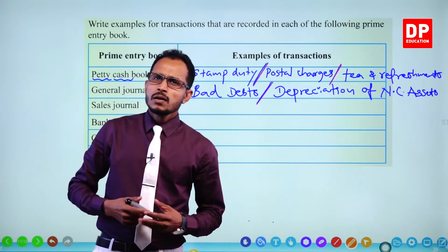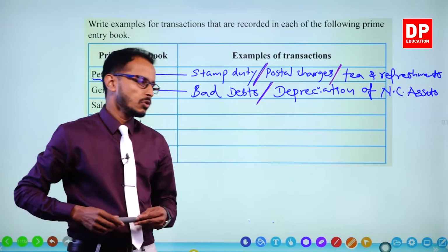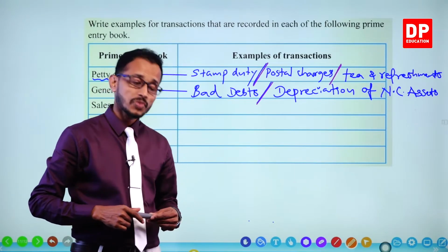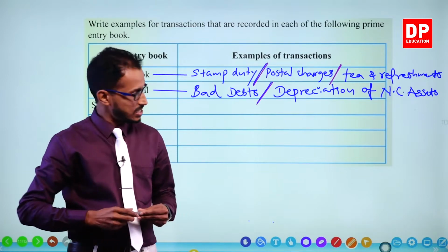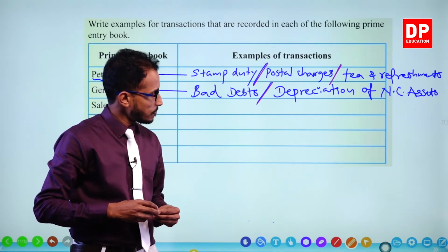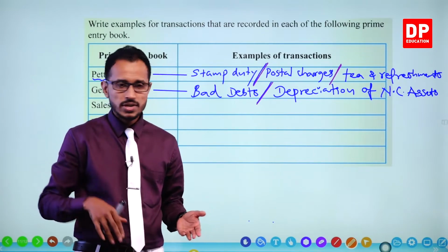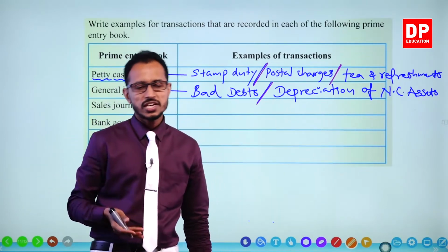Well, most of you, I don't think you know about depreciation, but we are gonna learn depreciation soon in a coming lesson. Depreciation means the reduction of value in non-current assets due to usage.